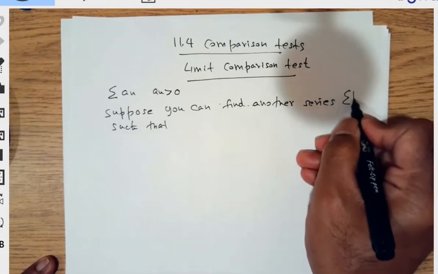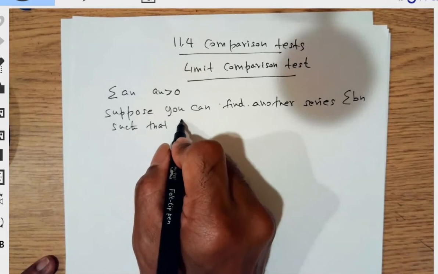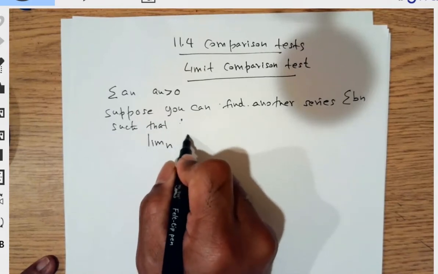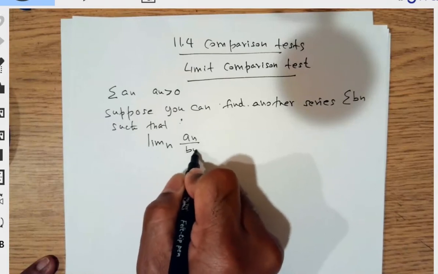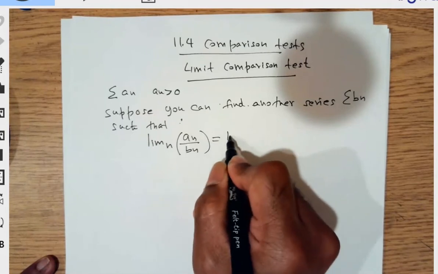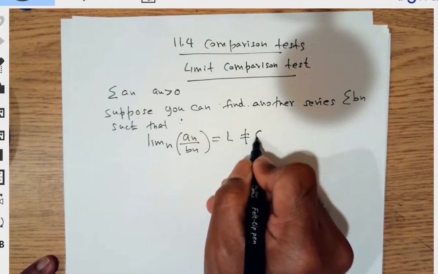Say you call it sigma bn such that the limit of an over bn is L, where it exists and it is not equal to 0.